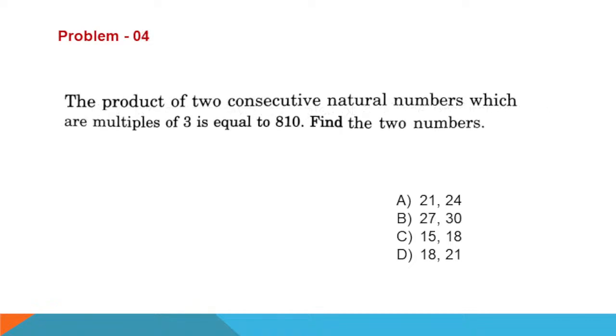Problem number 4. The product of two consecutive natural numbers which are multiple of 3 is equal to 810. Okay.